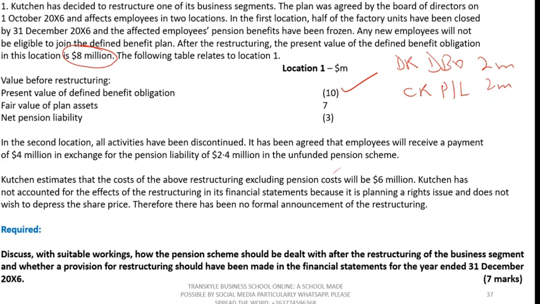Now, in the second location, all activities have been discontinued. It has been agreed that employees will receive a payment of 4 million in exchange for the pension liability of 2 million in the unfunded pension scheme. So here we are being told that there is a creation of new liability.